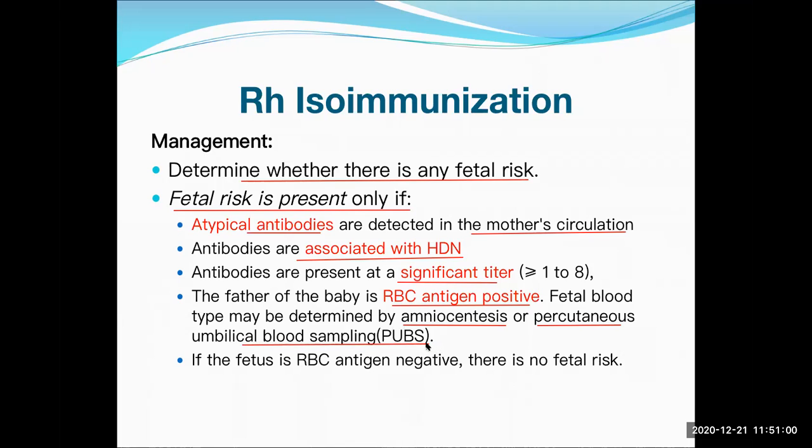So these are the different ways by which we determine the fetal blood type. These are easy for the obstetrician to do under ultrasound guidance. If the fetus is RBC antigen negative, there is no fetal risk at all. Then we don't talk about this condition at all. So there is no reaction.